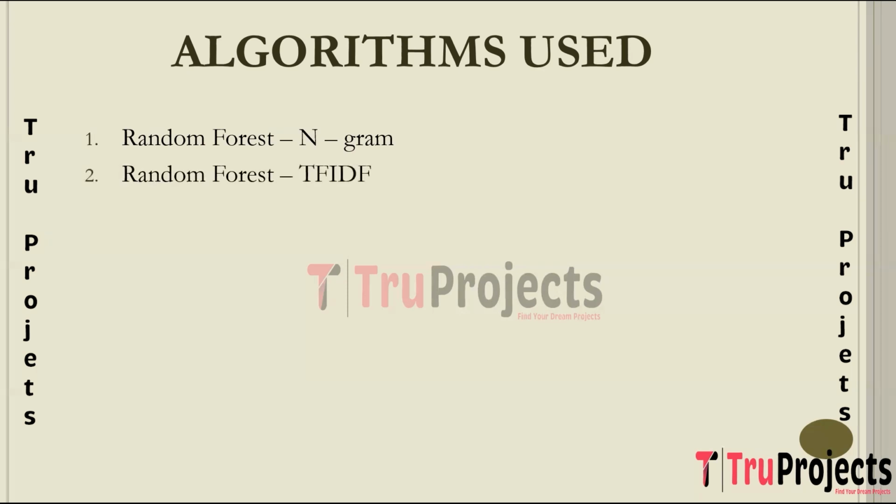The next model is random forest TF-IDF. It refers to a variant of the random forest algorithm that incorporates term frequency inverse document frequency analysis, which is TF-IDF. TF-IDF is a statistical measure used to evaluate the importance of a term within a document corpus. It considers both the frequency of a term within a document, which is term frequency, and the rarity of the term across the entire corpus, which is inverse document frequency.